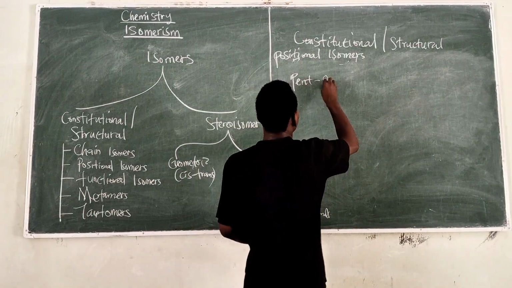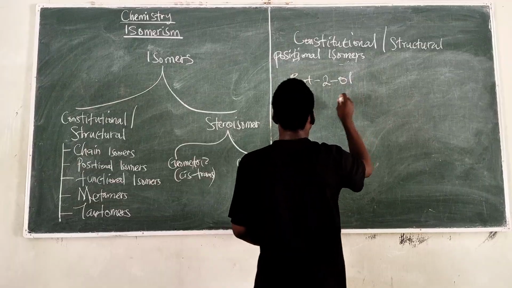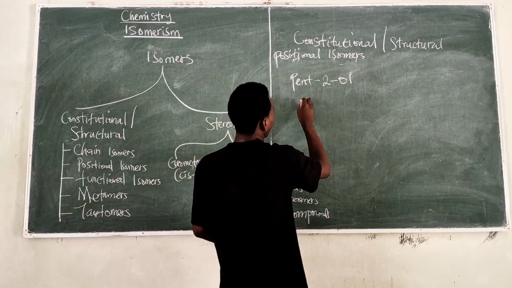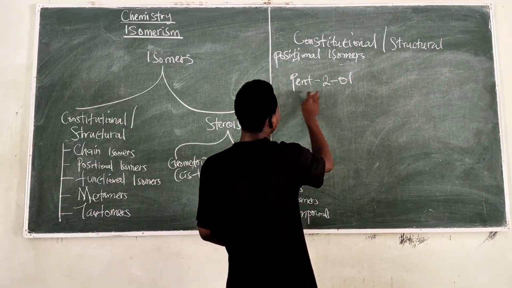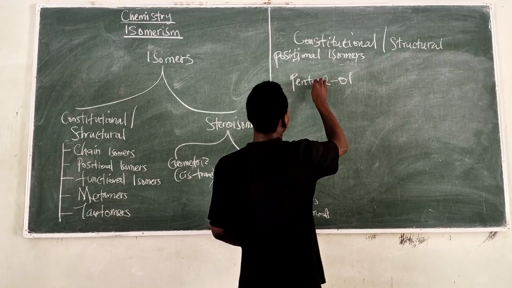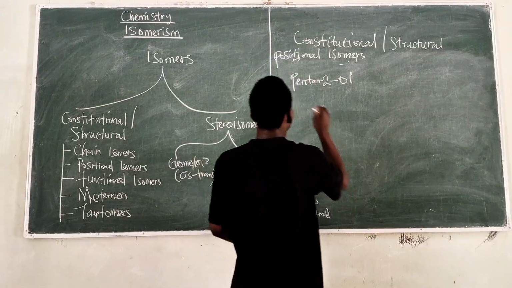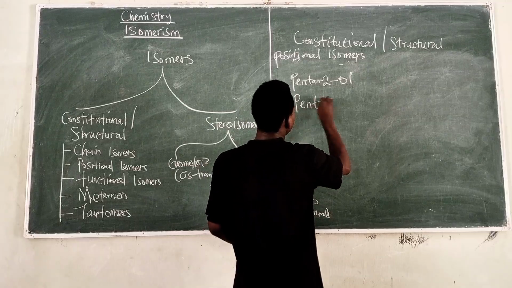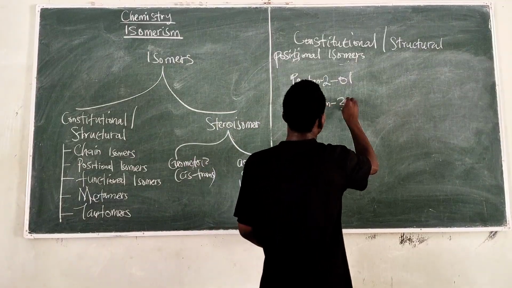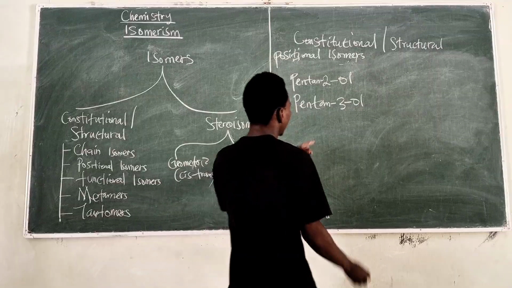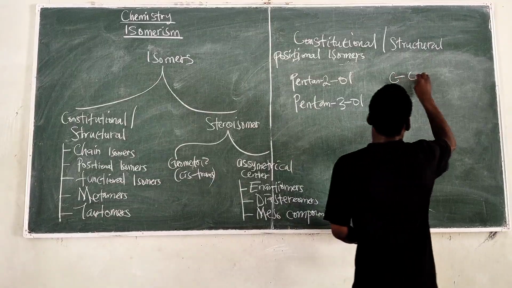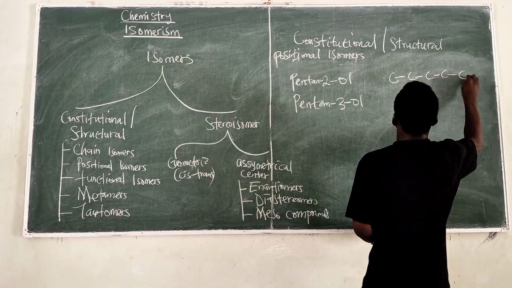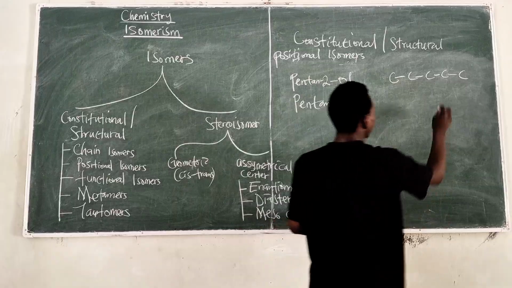Pentan-2-ol and pentan-3-ol. So we have 5 carbon atoms, and then on position 2 we have our OH.